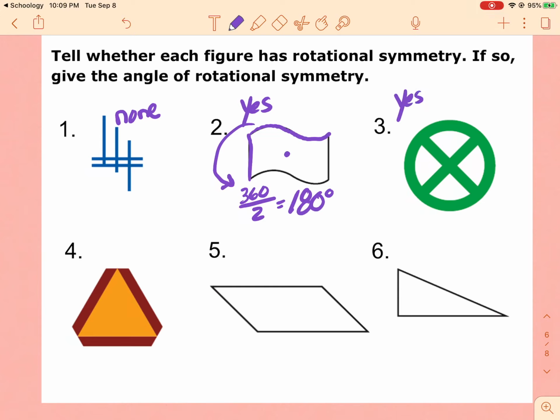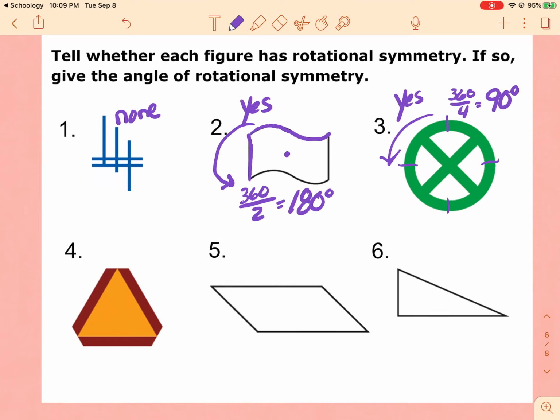With number 3, I think it clearly does. And how many times would it take to rotate? If I'm starting right here, it would then hit here 2, then hit here 3, all the way around for 4. So 360 divided by 4 would give us a 90 degree rotational symmetry.